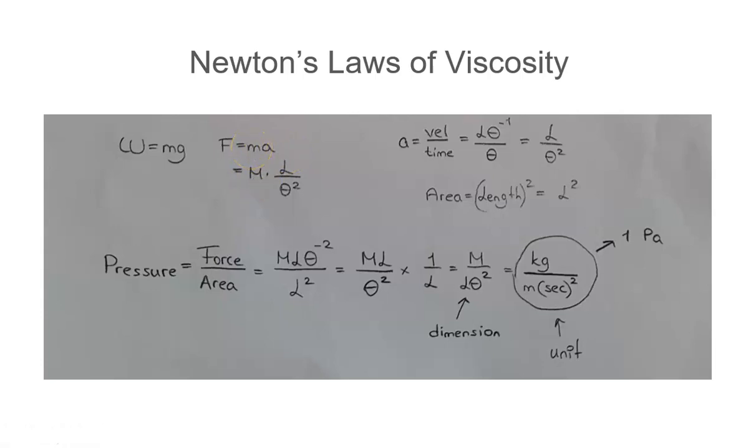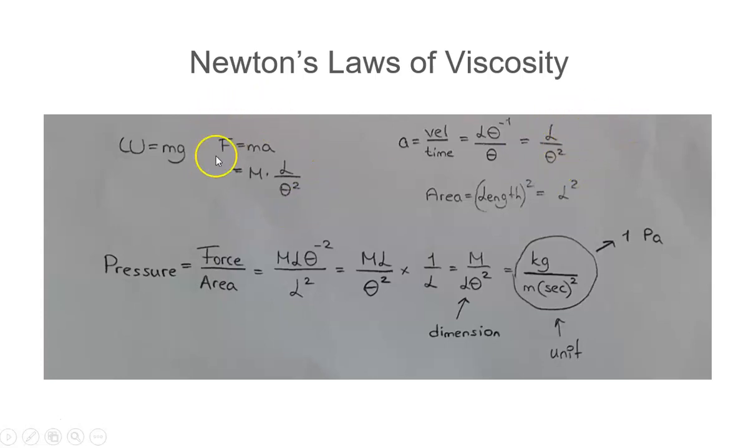For the standard dimension of force, you can represent our mass with M. Our acceleration is equal to velocity over time. We know that velocity is L theta raised to power minus 1 divided by time. In this case that will give us L divided by time squared, and this will give us L theta raised to power minus 2.